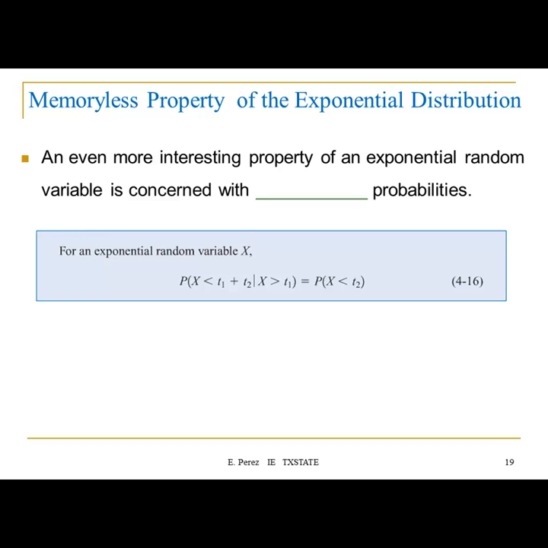Okay, so the exponential distribution has this nice property that basically says that whatever happens before the time period that you are looking at is not going to affect the probability of your next event. So the conditional probability for the exponential is not going to affect the probability of your next event. We're going to talk about that next time. And now I'm just going to stop here and pass your exams.